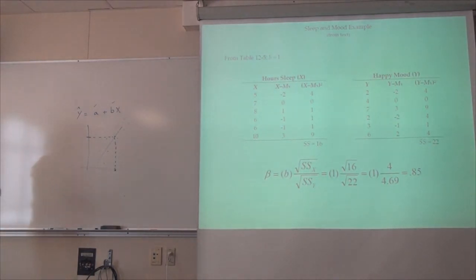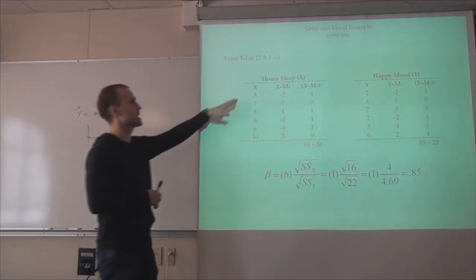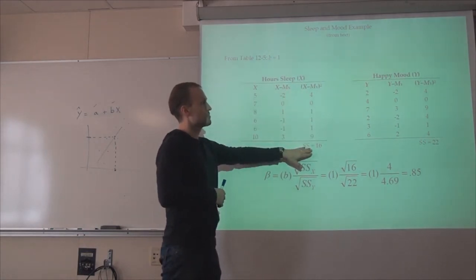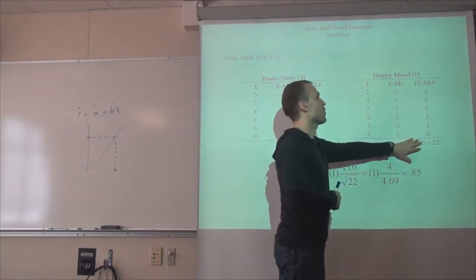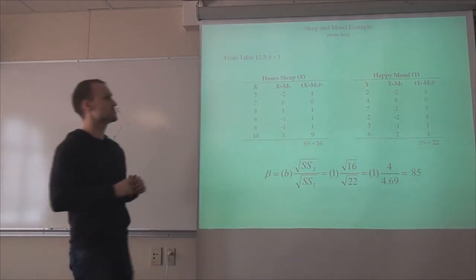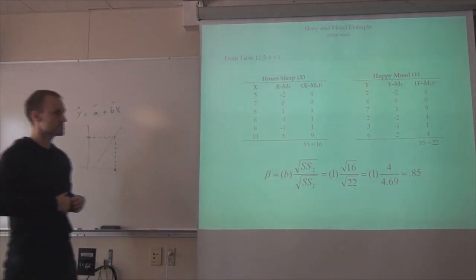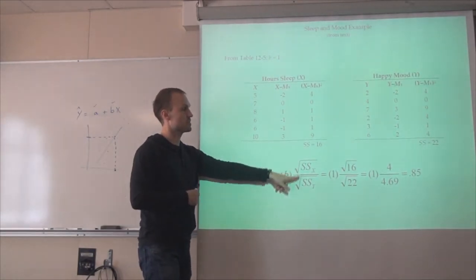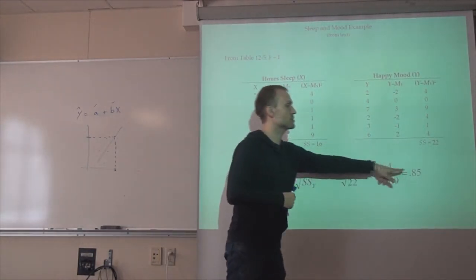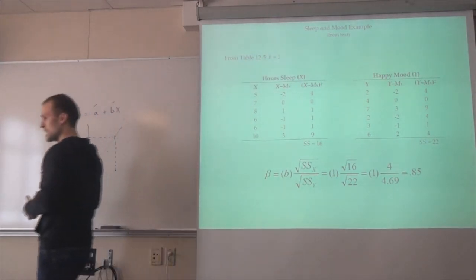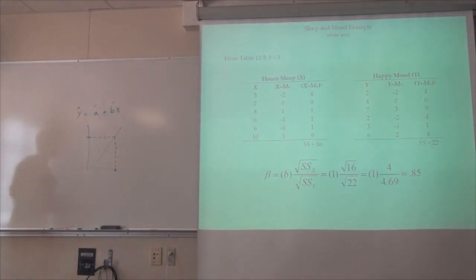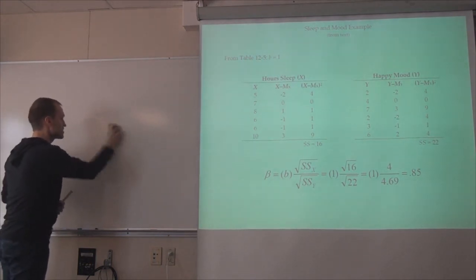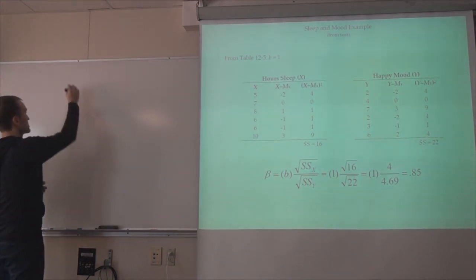So if I calculate for my hours of sleep, the x variable, look at the sum of the squares, which we've done before, but now I also have to do that for the y variable, which I didn't need to do previously. I multiply my regression coefficient with these two numbers, square root, and I get a 0.85.